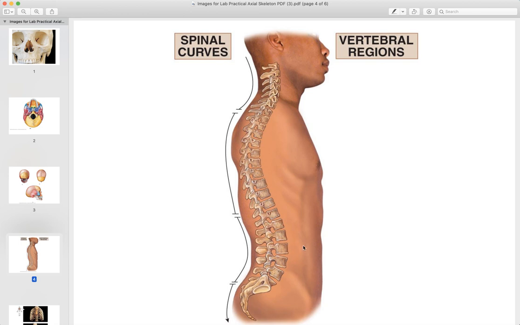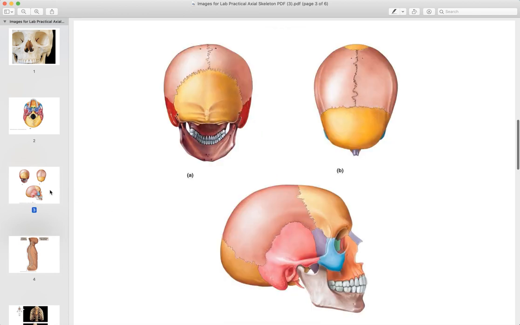Okay, now we'll go to the frontal suture, and that will go back to the skull. So the frontal suture is also hard to see here, but it's right in the middle of the forehead on the frontal bone there. Then we have the squamous suture.